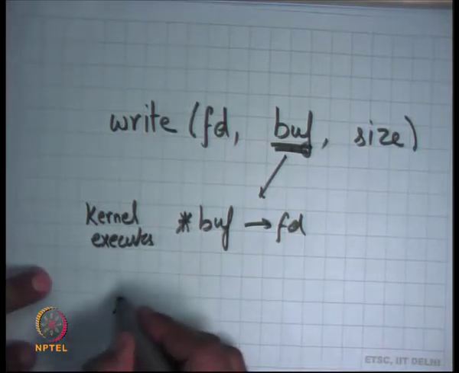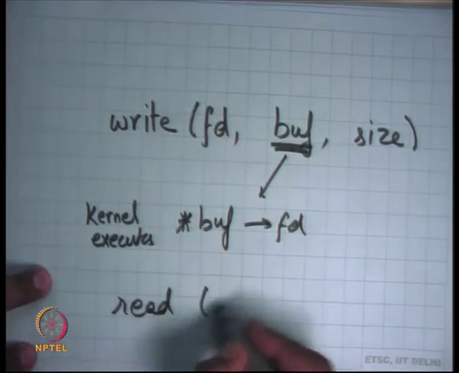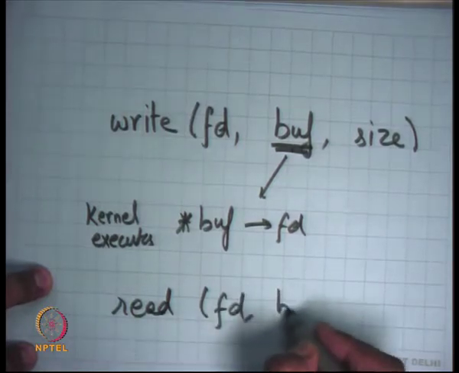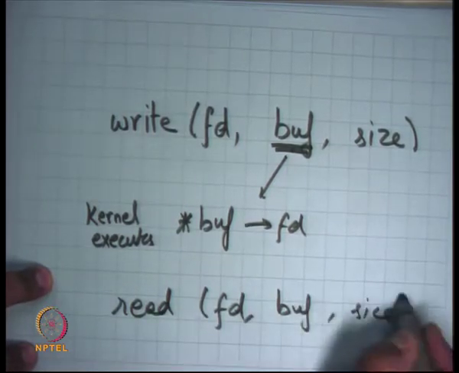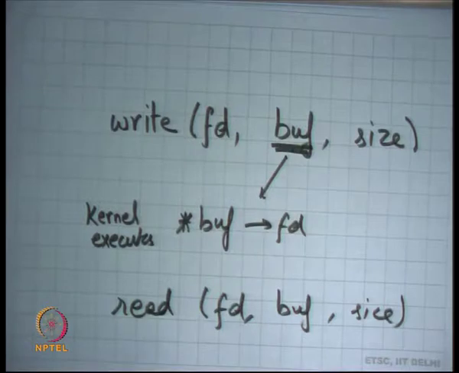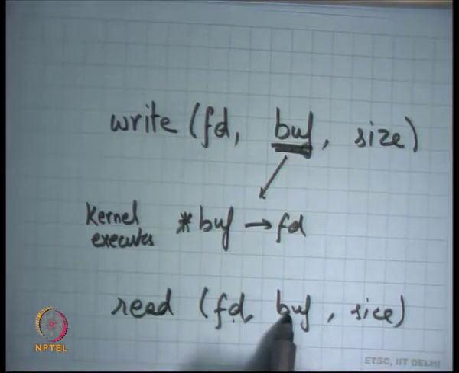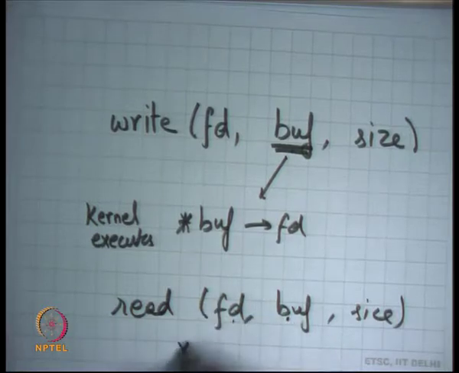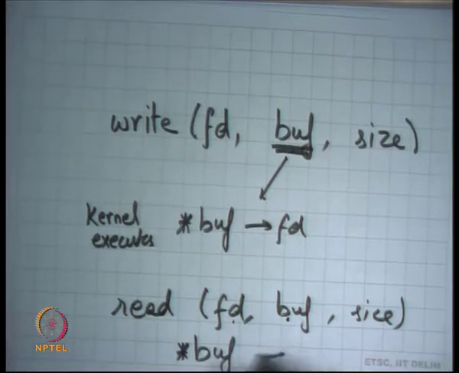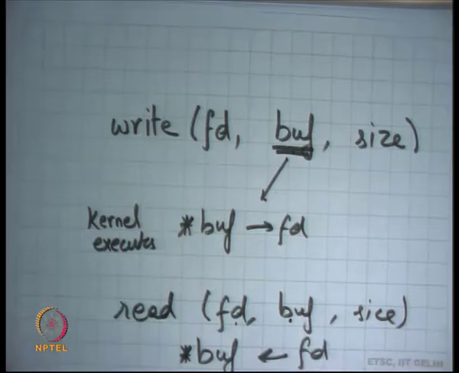In fact, the read system call can allow a process to write any arbitrary data to any arbitrary pointer. Here the kernel is going to execute star buff gets whatever the file contents are at the current offset, right?